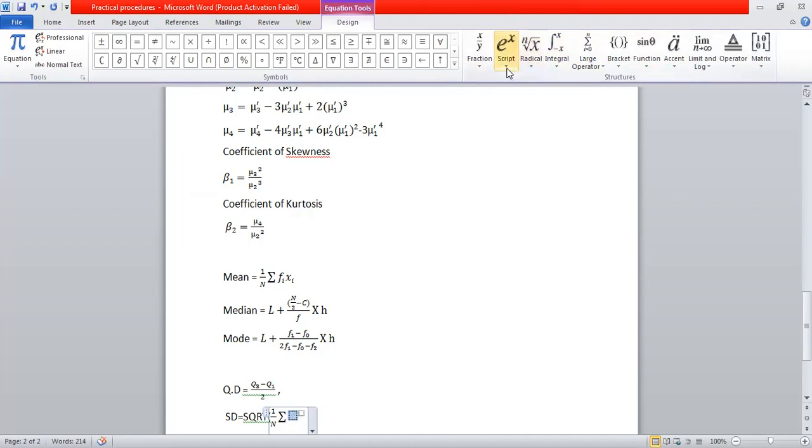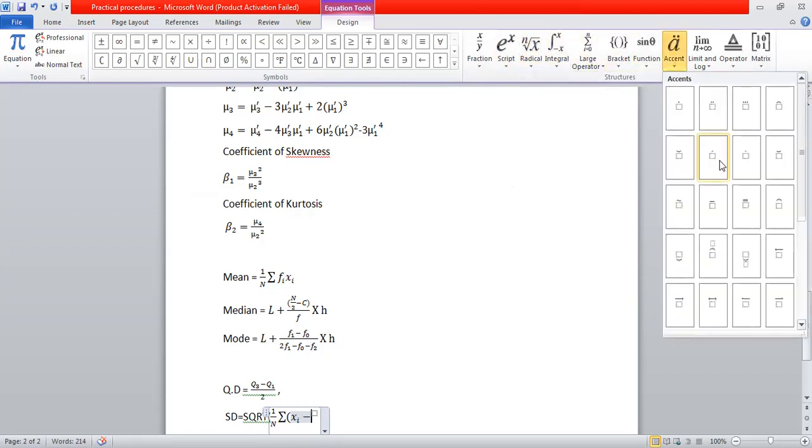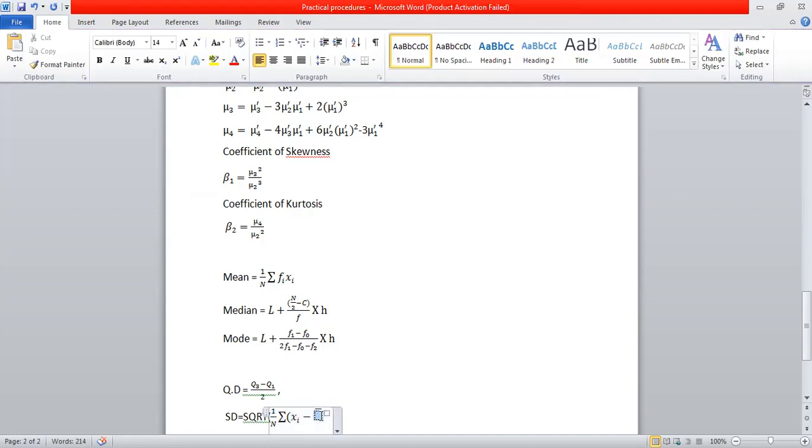So this is the formula for standard deviation, that is square root of 1 by n summation xi minus x bar whole square.